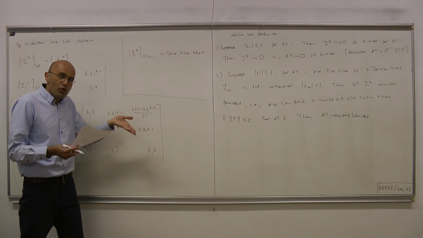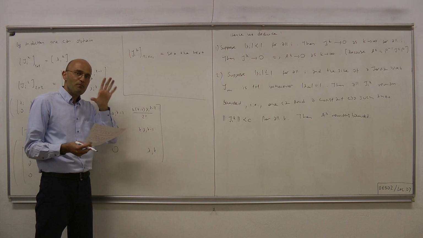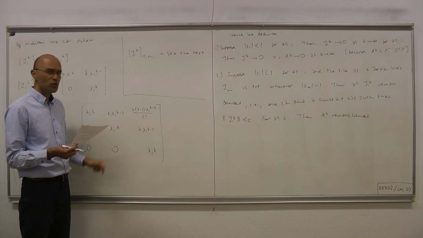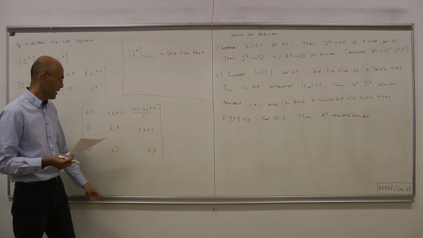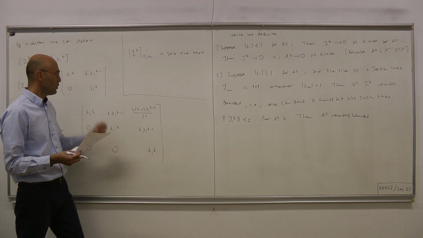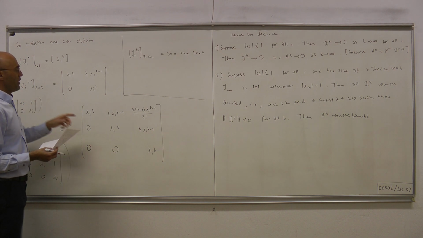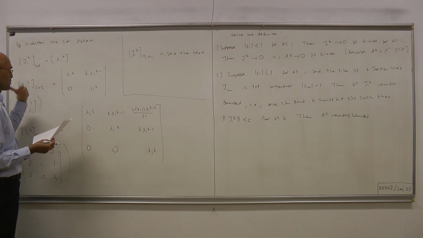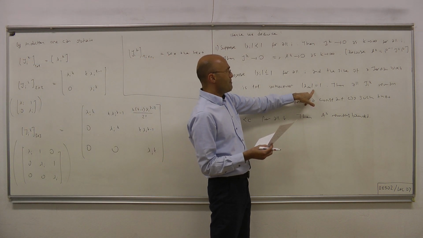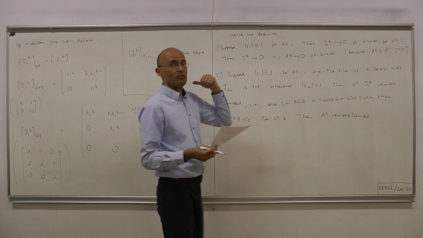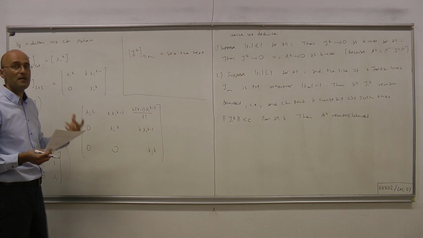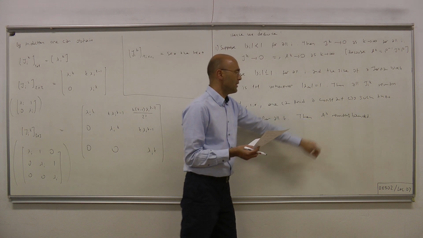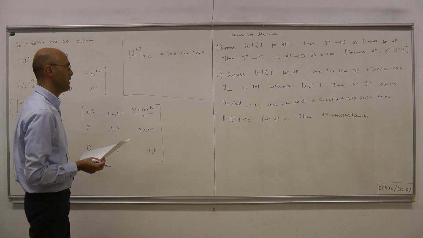And since it's not converging to 0 exponentially, it will not be able to dominate the polynomial increase of these terms, the k term, the k squared term, and higher terms for higher order Jordan blocks. There's only one situation where we don't have this polynomial term, and it's the 1 by 1 case. So whenever the magnitude equals exactly 1, the corresponding block must be 1 by 1 if you want boundedness. And if those conditions are satisfied, the state transition matrix A to the k remains bounded.